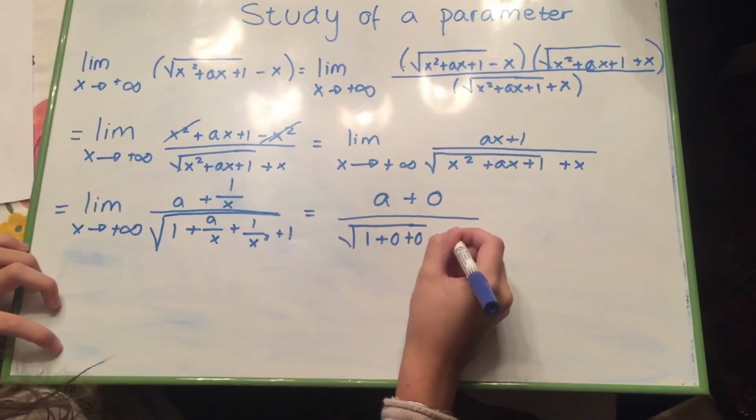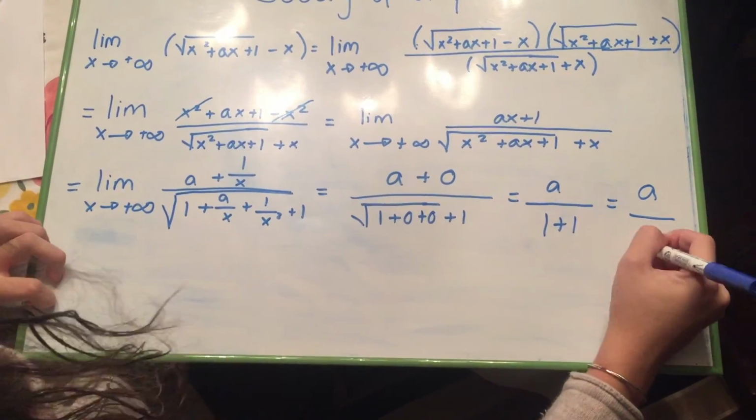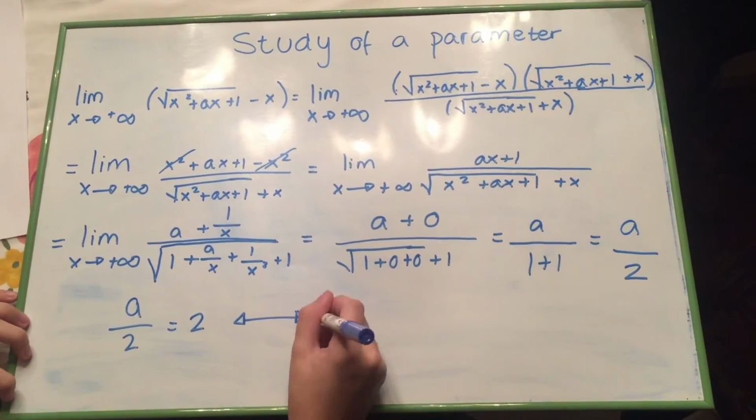So the question forces us to have the answer equal 2, so a divided by 2 equals 2, and a equals 4.